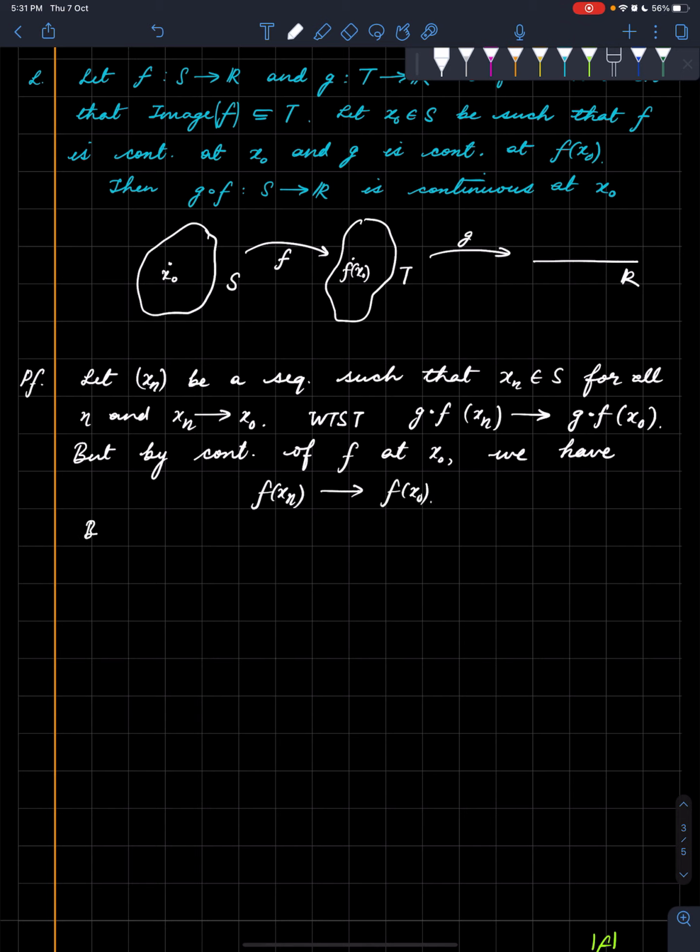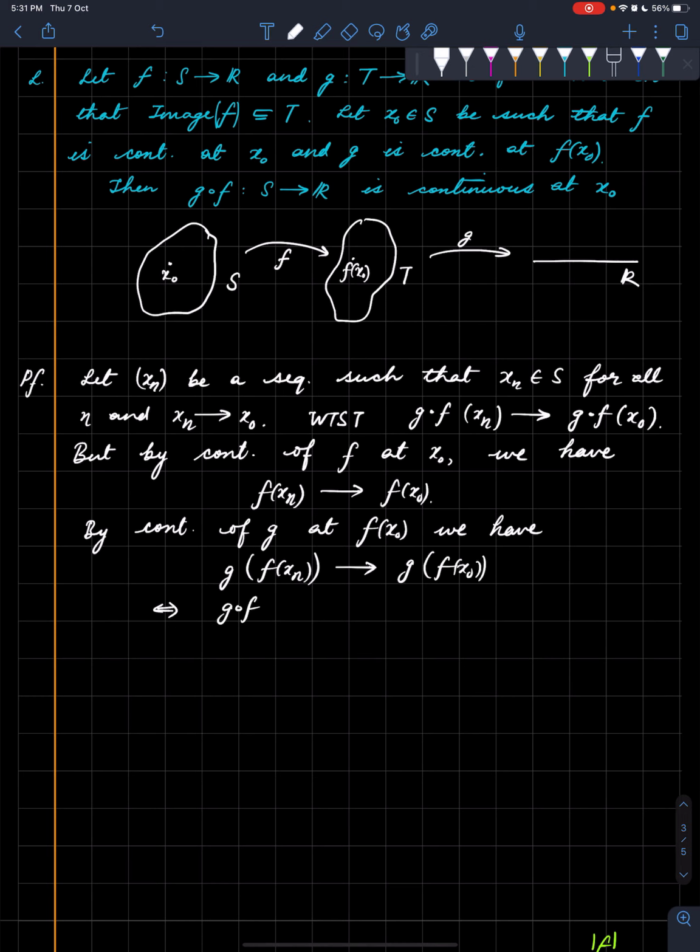And now by continuity of g at f of x0, we have g of f of xn converges to g of f of x0, which is the same as saying that g composed f of xn converges to g composed f of x0, and that's it. That's the proof.